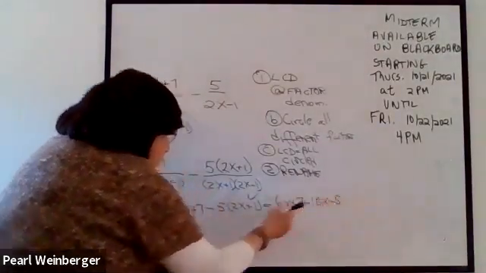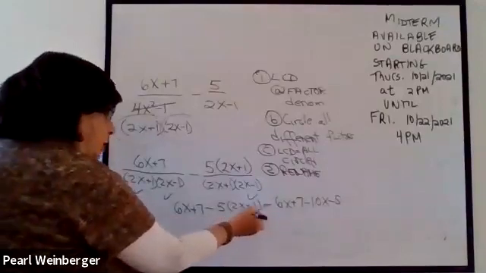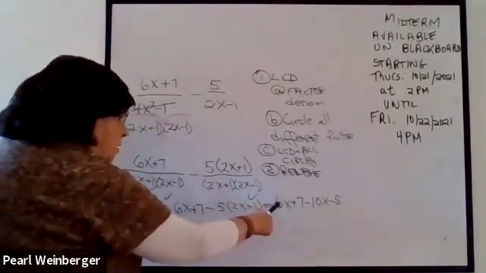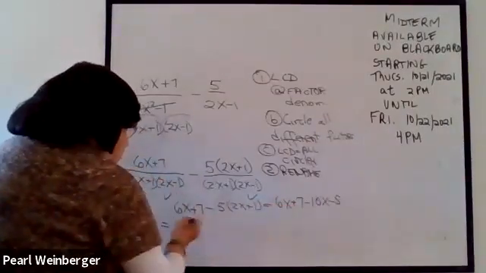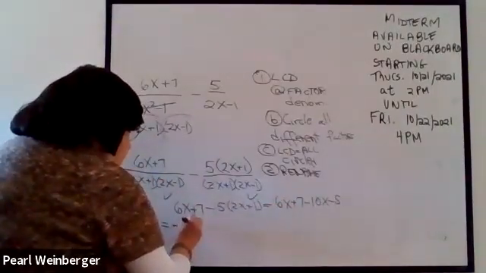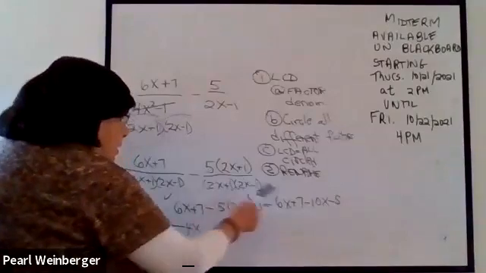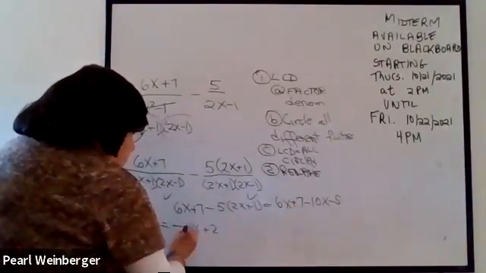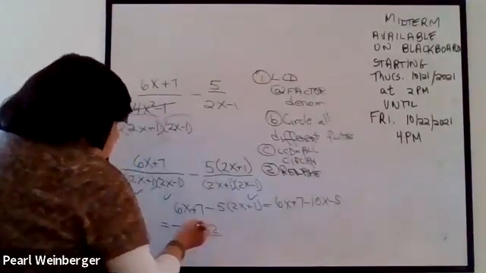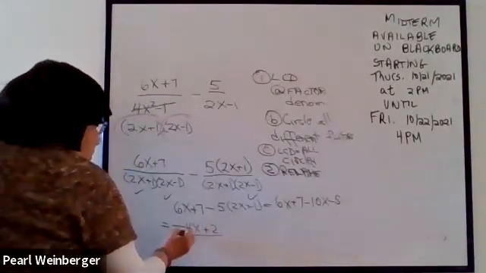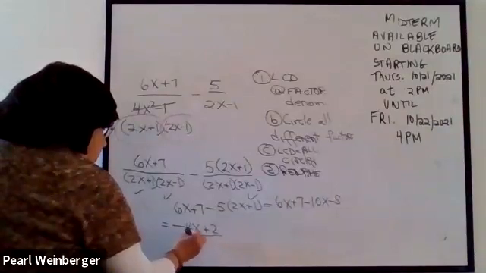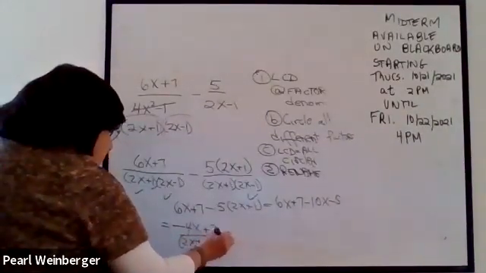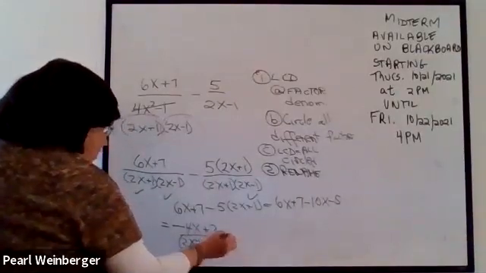I'm removing the parentheses using the distributive property, which gives me 6x minus 10x is negative 4x, and 7 minus 5 is plus 2. And I put that over the common denominator of 2x plus 1 and 2x minus 1.